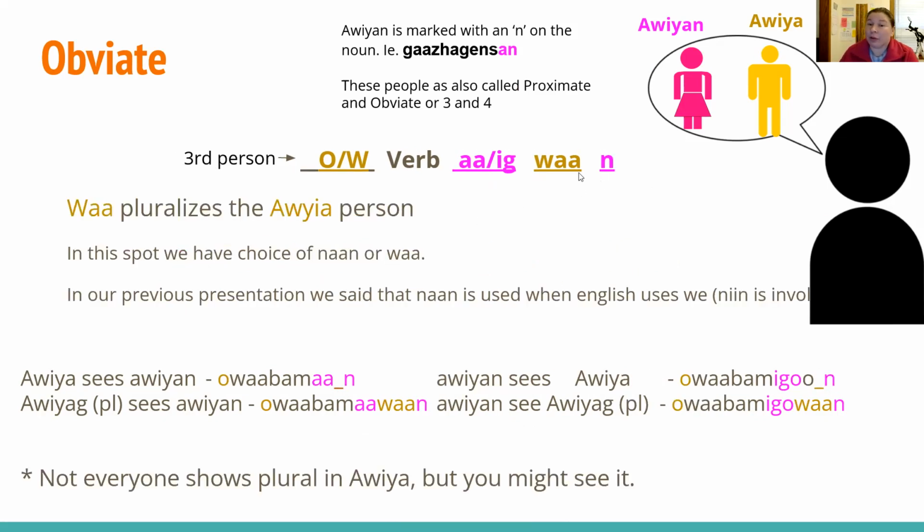Now we have our third step. And in what we're going to do here is we're just thinking about, is the third person plural? And we don't have to choose between others like non. We know that any plural is not going to include me, the speaker. And so they're all wa. So any third person plural for obviate conjugations is going to be a wa.